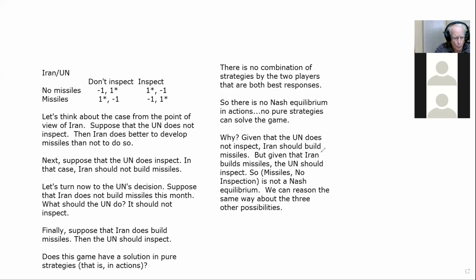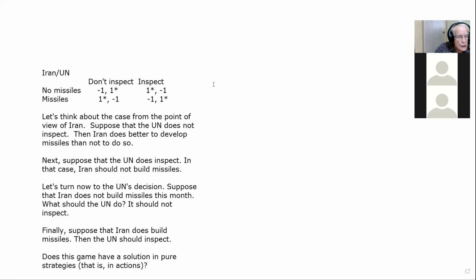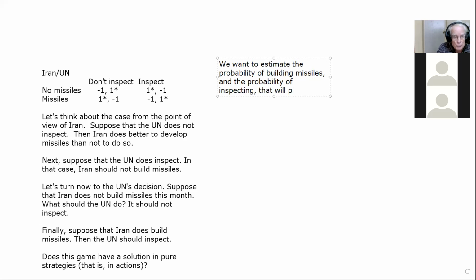So let's go back now to the whiteboard. We want to estimate the probability of building missiles and the probability of inspecting that will provide the Nash equilibrium.